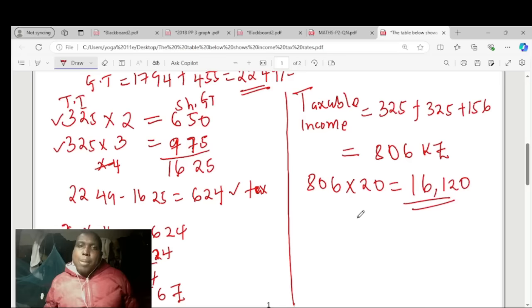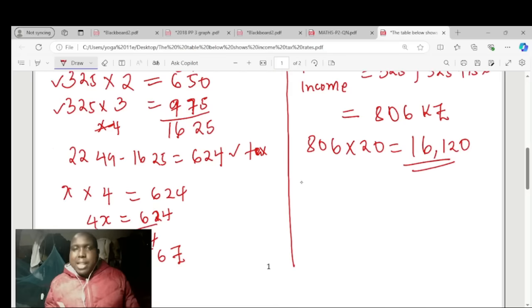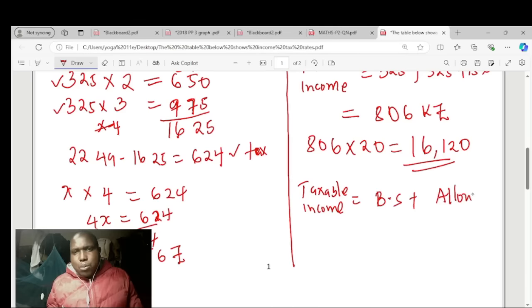Lakini tunajua kwamba taxable income is equal to basic salary plus allowances. Taxable income is equal to basic salary plus allowances. That is what we know. Taxable income, which is 16,120, is equal to basic salary plus allowances. Allowances tulikuwa tumepewa, you go back to the question. Allowances tulikuwa tumepewa, alikuwa amepewa 3,000.